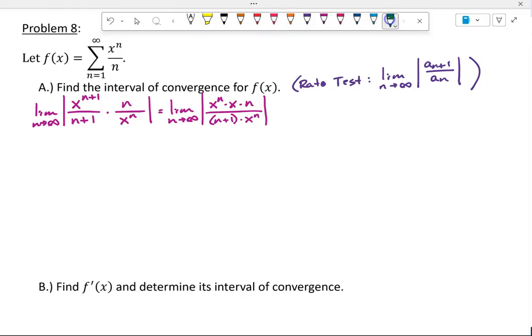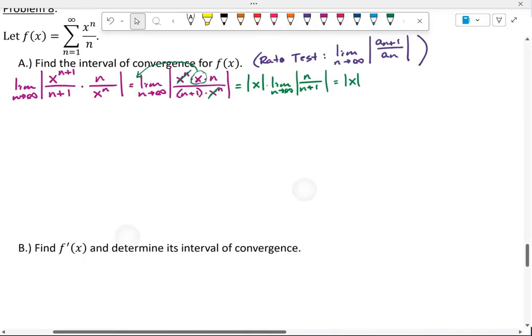X to the n. And what can I bring out to the front of my limit? X goes out front. So we have the absolute value of x times the limit as n goes to infinity of n over n plus 1. What is that limit equal to according to dominance? 1. And so then 1 times the absolute value of x would just be the absolute value of x.